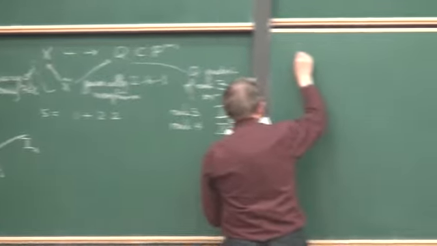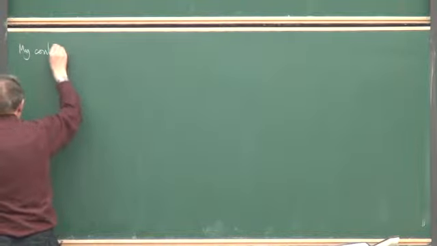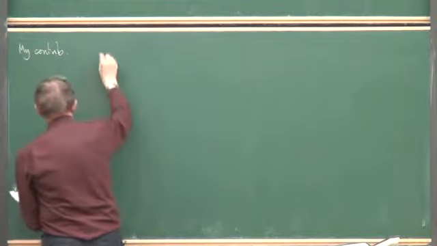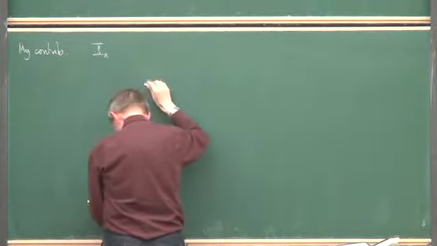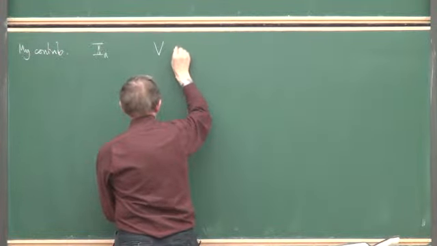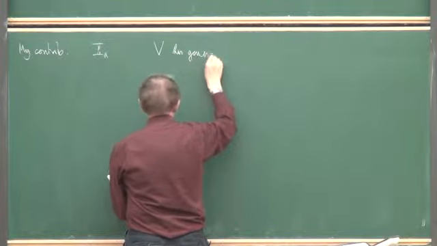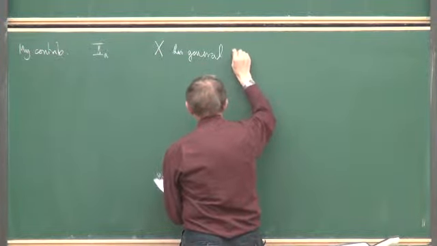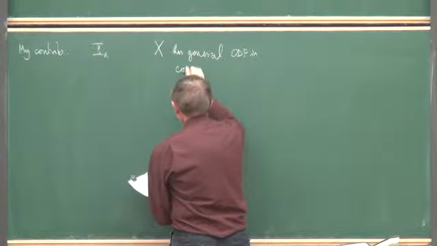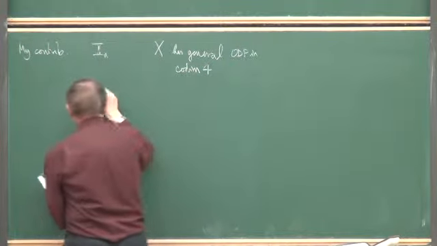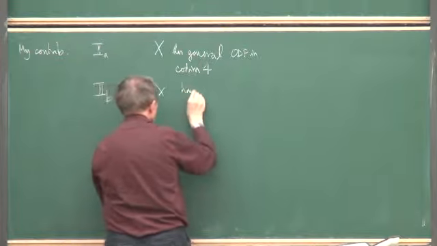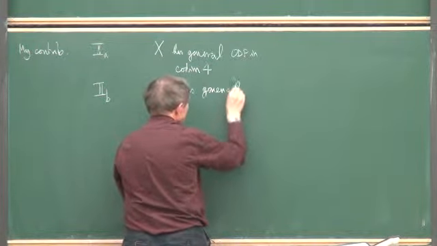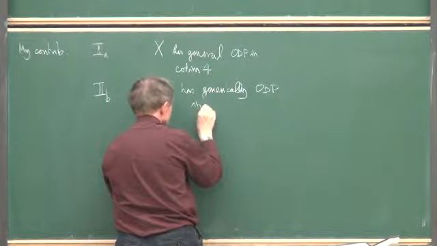So type 1, sorry. My contribution to this, in terms of the result, is that 2A exists, and X has generically ordinary double points in codimension 4, and in type 2B X has generically ordinary double points in codimension 3.